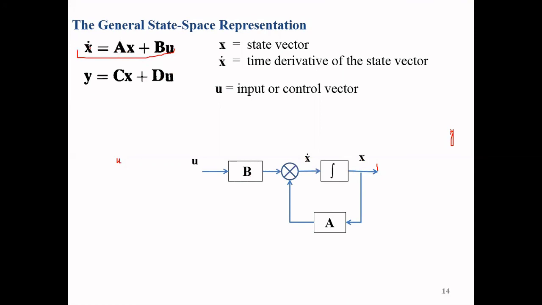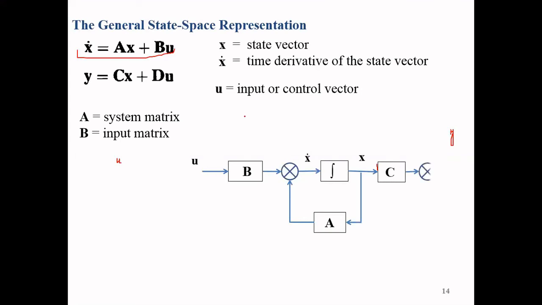First we get the derivative x dot, integrate it to get x, then multiply with A, input multiplied with B, and both are added to get x dot again. So after we get x, we multiply with the C gain, add with the input multiplied with D, and we will get the output like this.